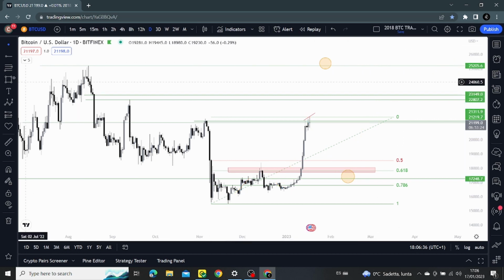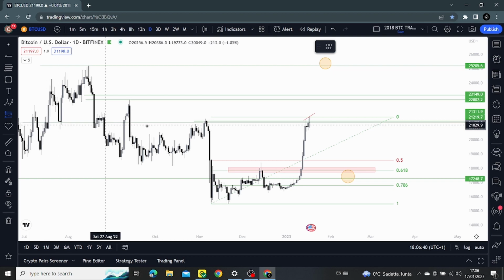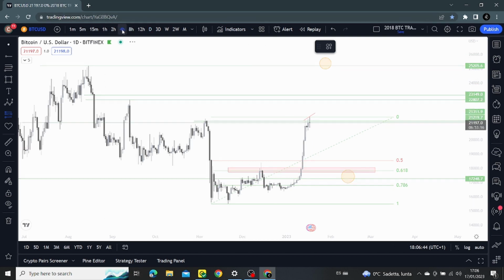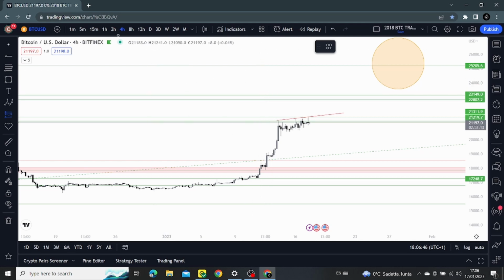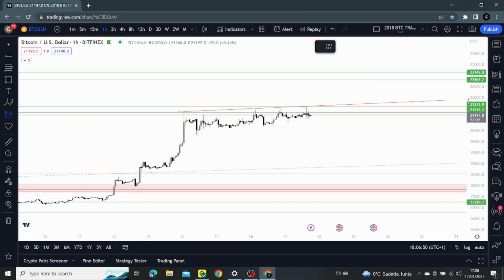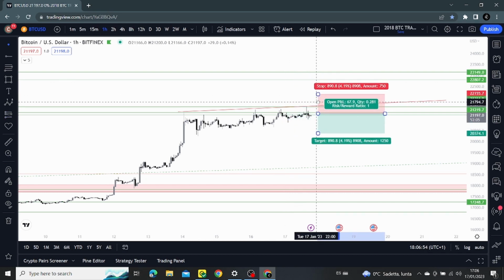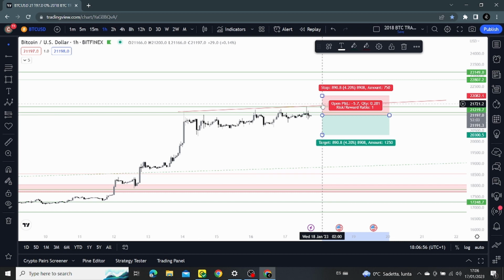I'm gonna show you where I will put my short position. We are now here. We're gonna go to the 4 hours, our time frame, 1 hour time frame, and we see that we have already 4 or 5 rejections in this area, and we are working in distribution.